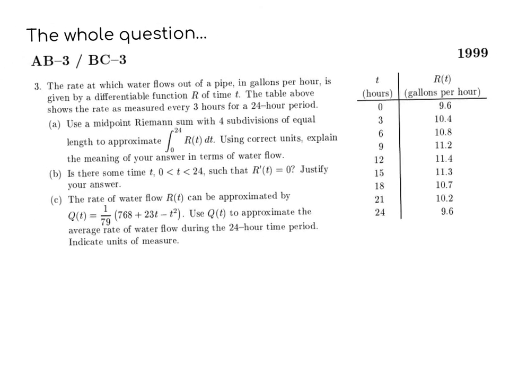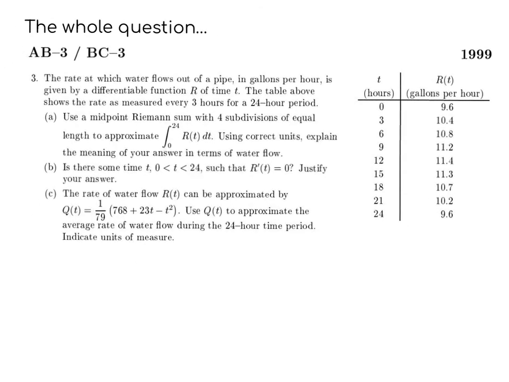Okay, let's look at this thing as a whole. Going into this, we knew we were going to have to do some kind of RAM because we have a table. We ended up doing an MRAM as part of that. We also predicted we'd have to talk about units for accumulation. This happened in part A. And we predicted something for units of taking the derivative of this, which we didn't actually end up using. We did have to do some MVT work here.